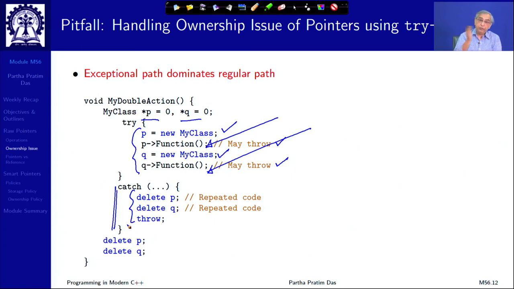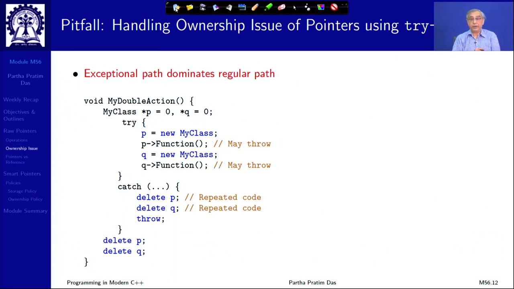But if they do not throw, then this does not happen, so I have to delete them anyway. So, the same code gets repeated in multiple contexts. That is the basic problem that is going to happen in case of using raw pointers.